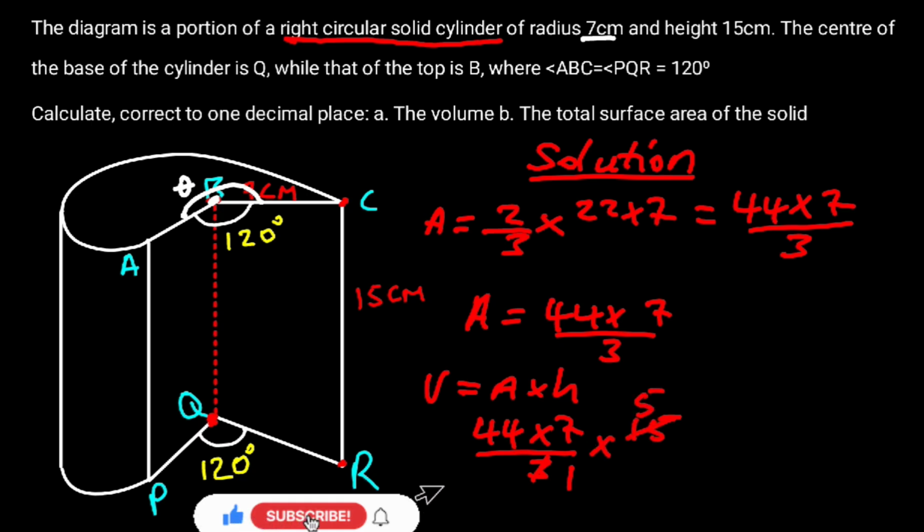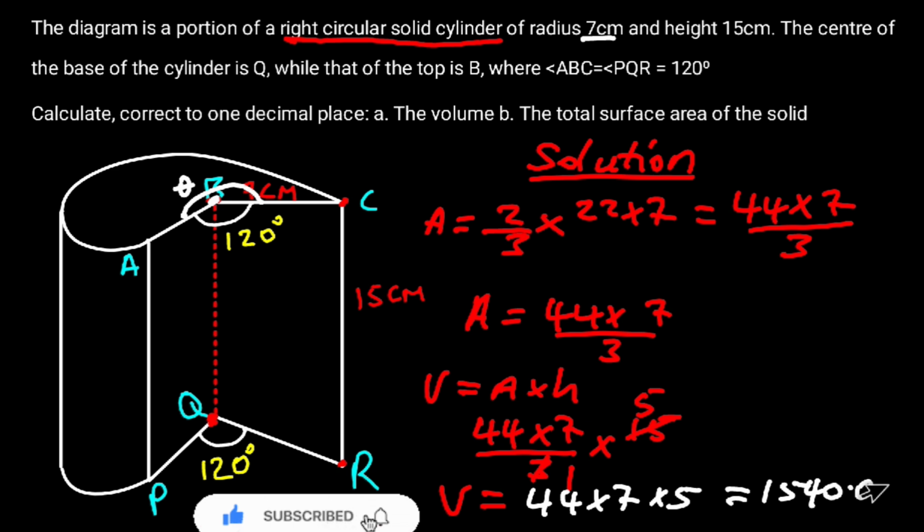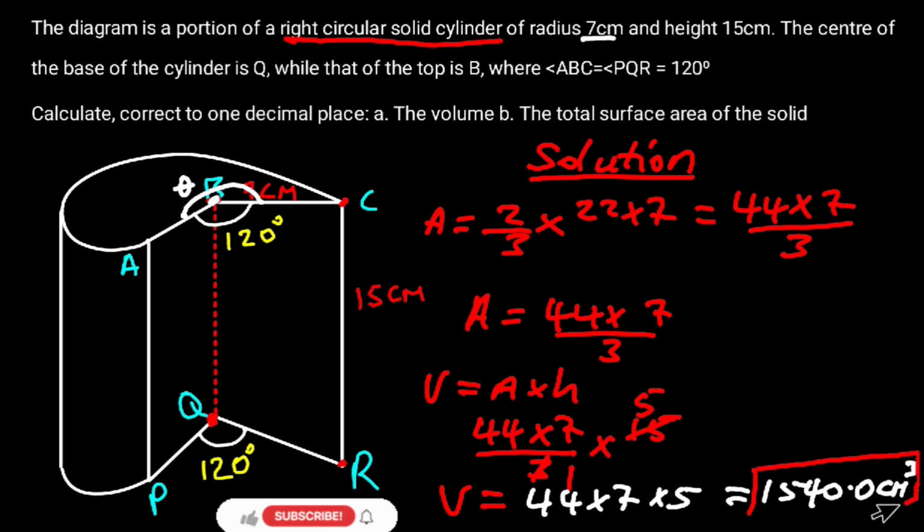So I have that volume is equal to 44 multiplied by 7 multiplied by 5. Now this is equal to 1540.0 cm cube. And so this is the volume of this solid shape.